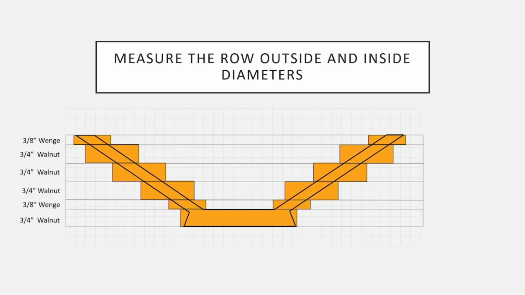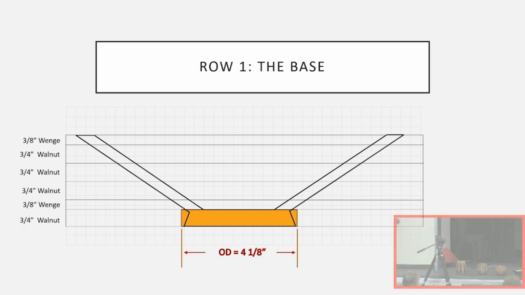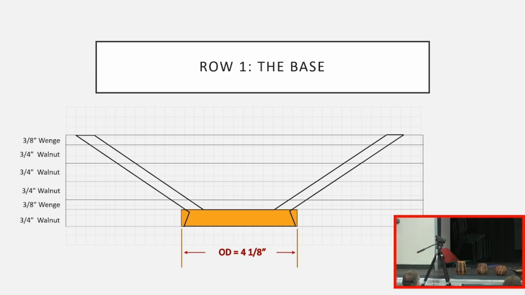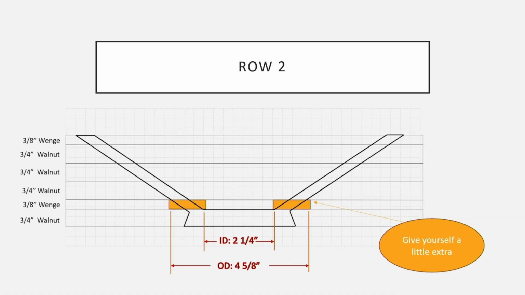And then what you're going to do is measure the inside and outside diameters on each one of those rings. Okay? So for the base, it's pretty easy. What I did on this one is a solid ring. It's not actually glued together. And then you just basically start measuring the inside and outside diameters on those rings. And you want to give yourself a little bit extra there.